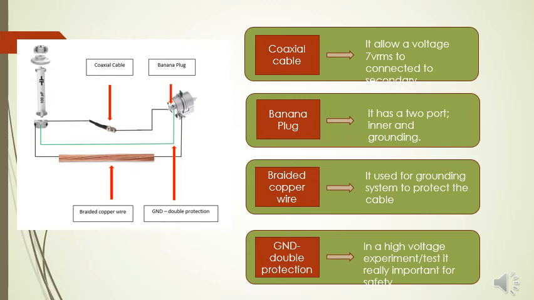The process regulates through the coaxial cable that only allows 7 VRMS as the rated voltage. The banana plug has 2 ports, inner and grounding, and the coaxial cable connects to the banana plug. For the grounding system, it uses a braided copper wire and the grounding cable.